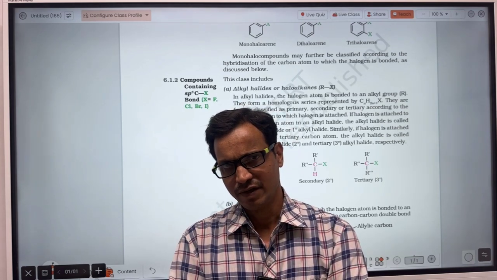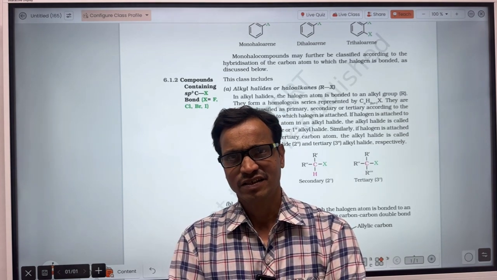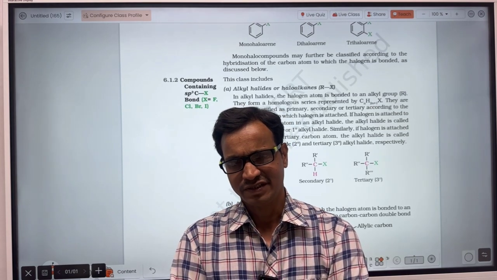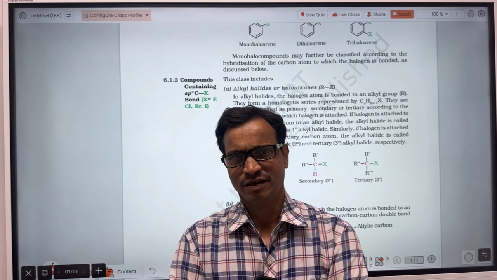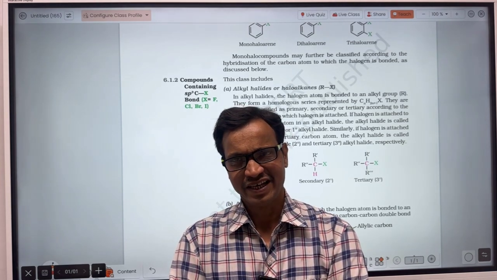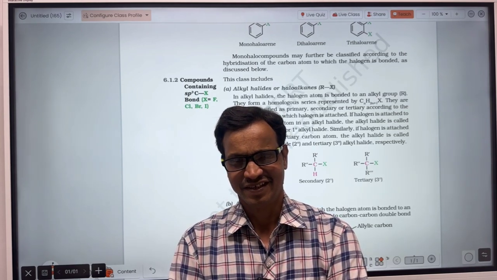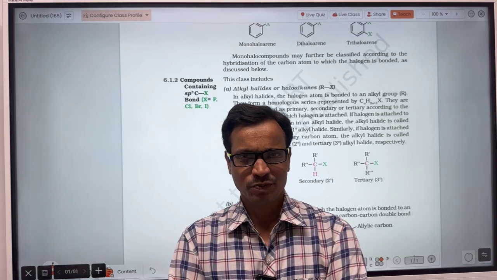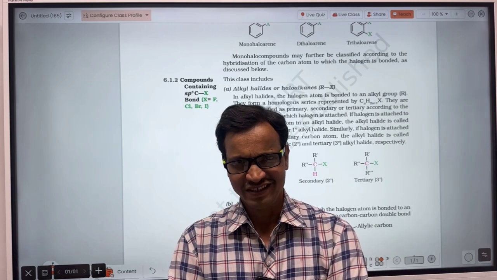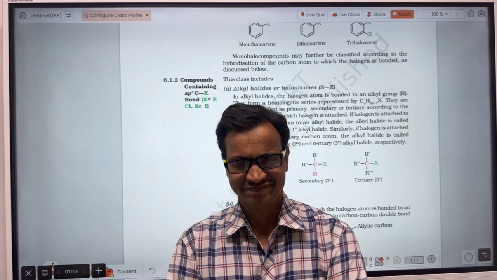As many sigma bonds, that many hybrid orbitals will be required for that carbon, and as many hybrid orbitals have to form, that many atomic orbitals will merge together, of which one atomic orbital will be of s, and the other atomic orbitals will be of p, in the case of carbon.